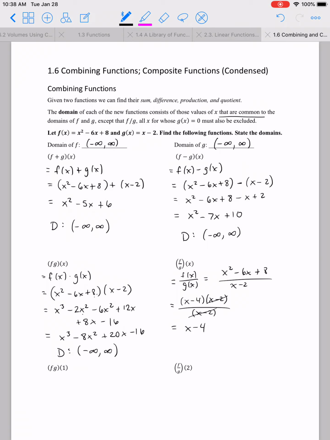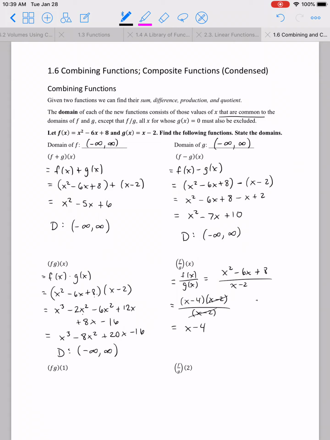Now, when you go to figure out the domain, you look at x minus 4 and you want to say, hey, I can plug anything I want into x minus 4. But the problem is you have to look at the domain of g, because anything that makes g 0 is going to make this fall apart. So if we look back at the previous lines, we notice that if we plug in 2 for x, that's going to make the x minus 2 equal 0.